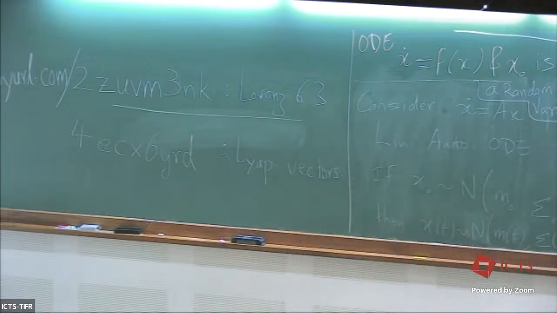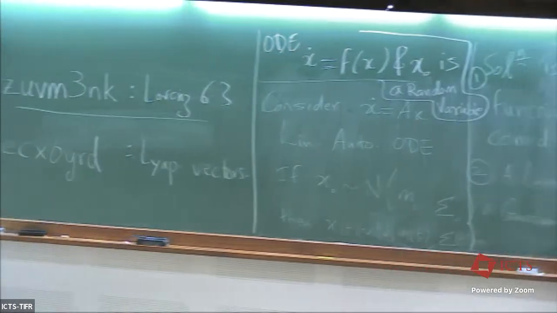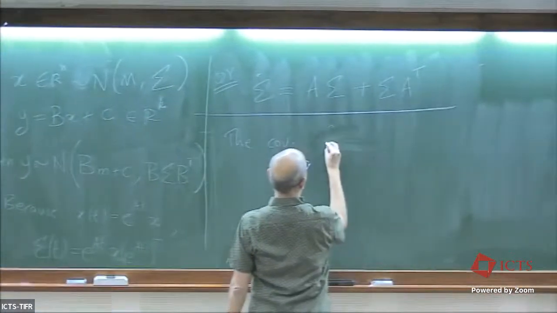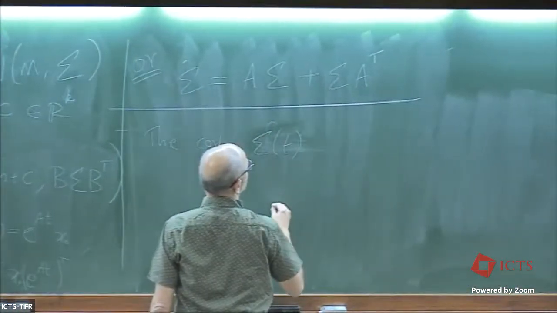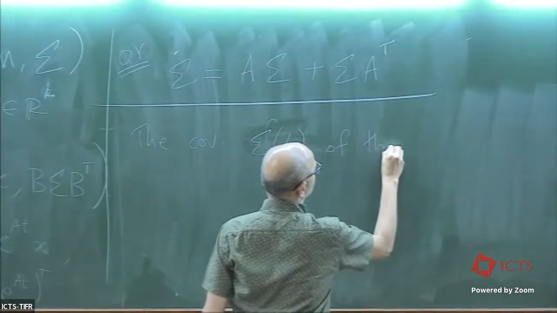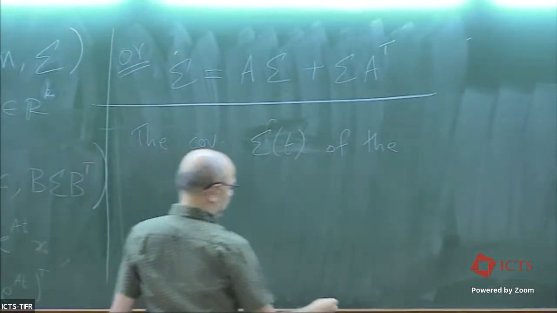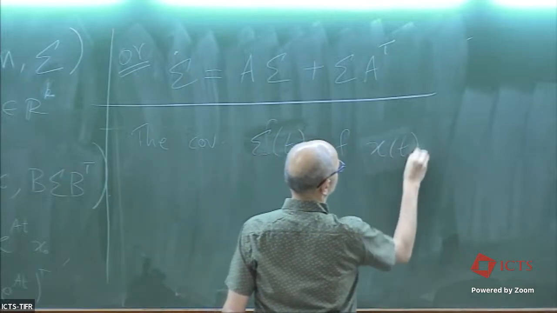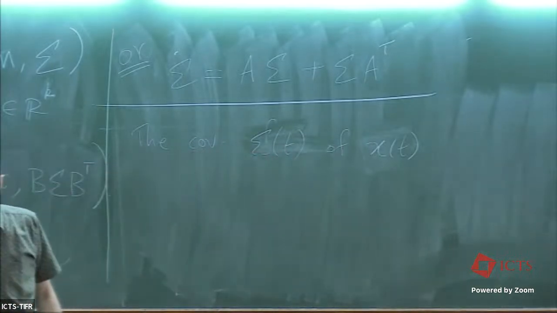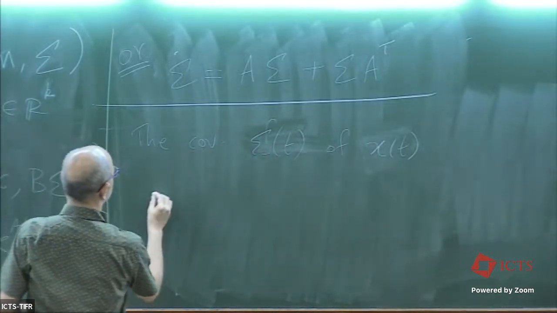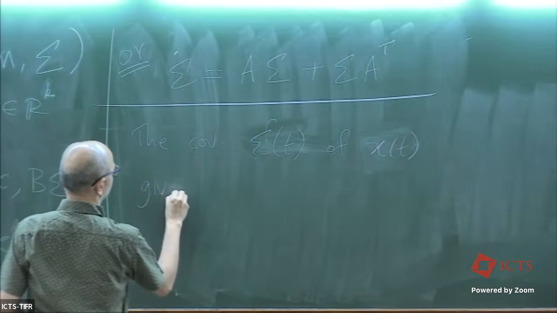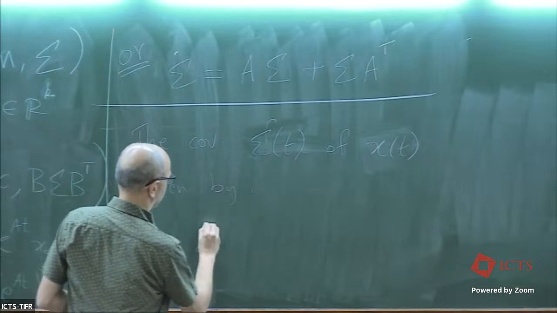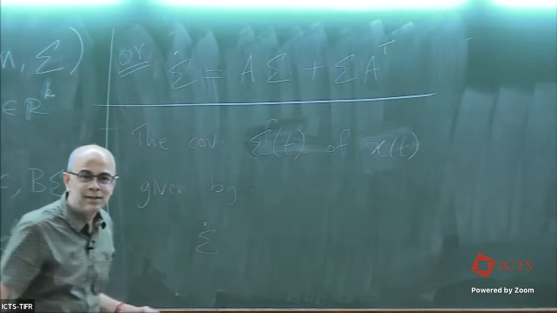And the covariance, let's call it sigma of t, of x of t is given by the following. Sigma dot, almost like this.